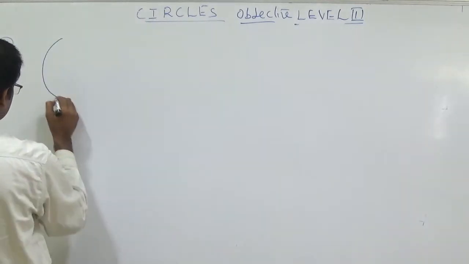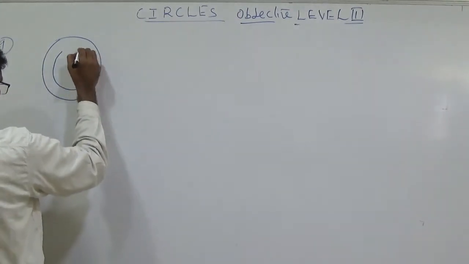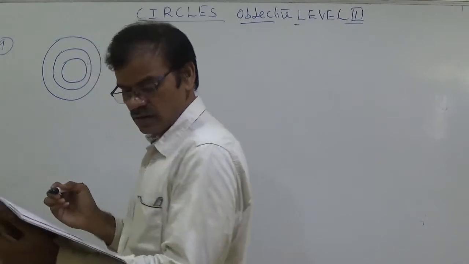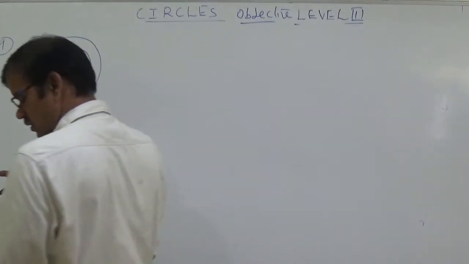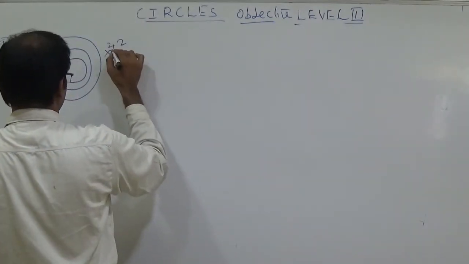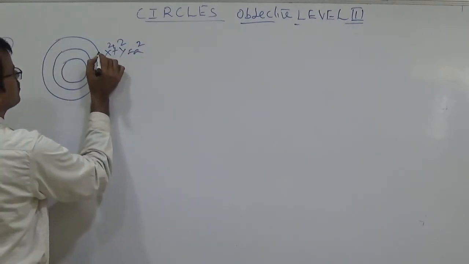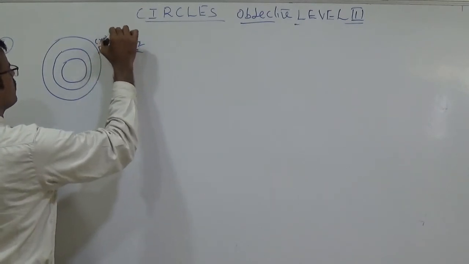Three concentric circles are there. If the chord of contact of tangent from a point on the circle to the circle, here this circle is x square plus y square equal to a square. From here, a point P you take, P x1 comma y1.